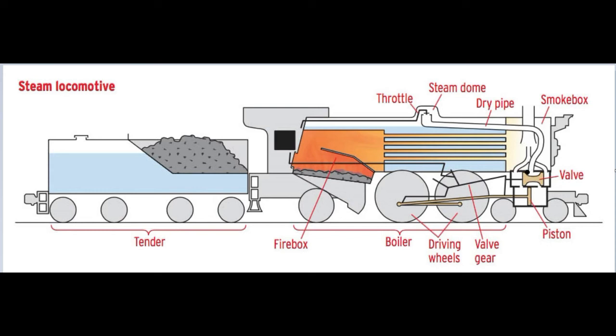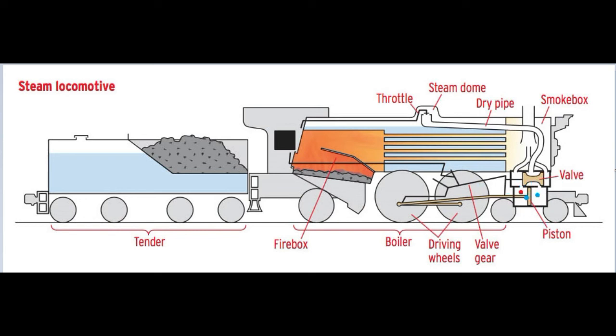This valve lets the hot steam into the piston's cylinder, so that this area has high pressure, which we mark in red, and the other area has low pressure.